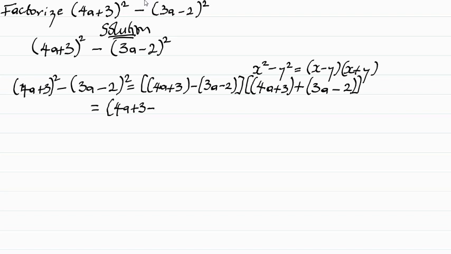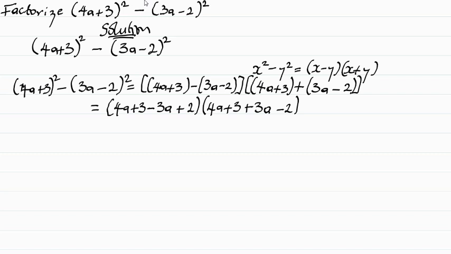I'm going to have −3a, minus times minus 2 gives us plus 2). Now we proceed to the other bracket where we have 4a plus 3, plus times 3a will give us plus 3a, plus minus 2 will give us minus 2.